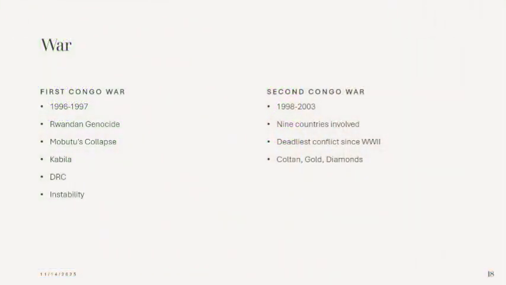So Mobutu's collapse in 1997 triggered two conflicts known as the Congo Wars, often called Africa's World War. And these wars were fueled by two major factors: the power vacuum left by Mobutu's dictatorship and the spillover of the Rwandan genocide in 1994.